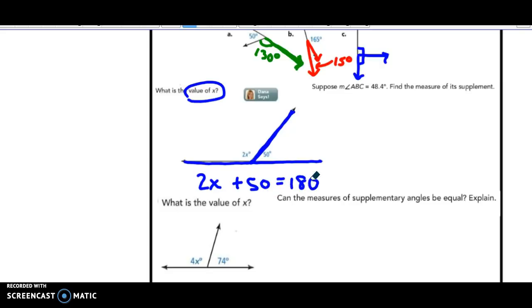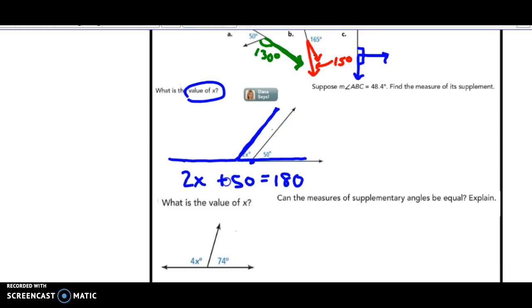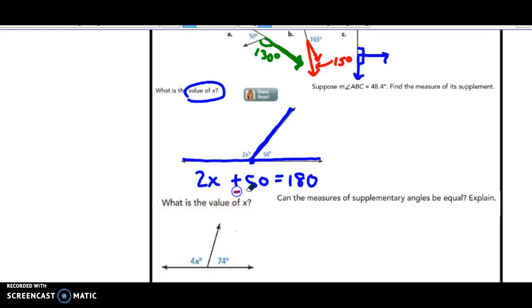So now I really just have a two-step equation to solve. I did not leave myself a lot of room. So first step to solve, I'm always going to undo addition, subtraction first. So I'm going to subtract 50 from both sides. And that leaves me with 2x equals 130.